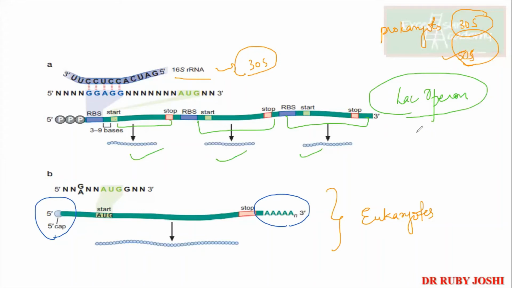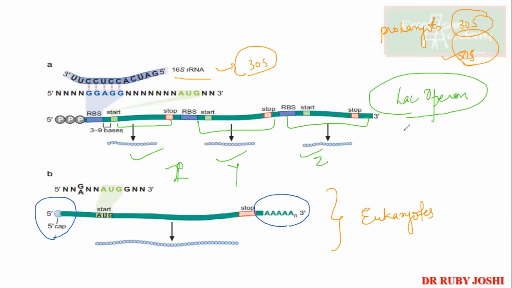Have you heard about the lac operon? Anyways, we are going to do this in detail, but have you heard of it? Yes. So the lac operon is also like this. It is going to code for Z, Y, X, sorry, I wrote it the wrong way, Z, X and Y. We have those genes present, which code for enzymes like lactose permease, beta galactosidase, all these enzymes, so that the bacteria is able to metabolize lactose.